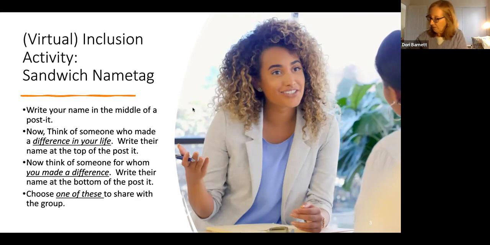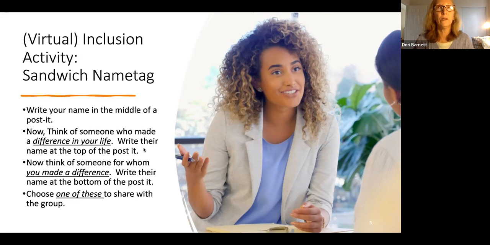If you have a Post-it, or imagine we're actually in person at a conference, but this is virtual. In the middle of your Post-it or your name tag, just write your name. No problems there. Now, think of someone who made a difference in your life when you were going through school.